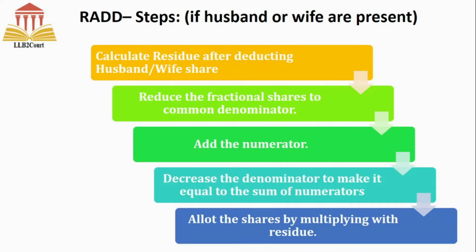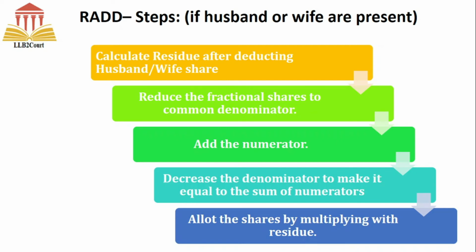So if one of the sharers is husband or wife, they cannot claim the benefit of this doctrine. Once you allot the share to the husband or wife, the steps which we follow are a little more complicated, but if we get hands-on, it is also easy. So first step is calculate the residue after deducting the husband or wife share. Once it is done, it is similar to the previous steps, that is reducing the fractional shares to common denominator and then summing up the numerator.